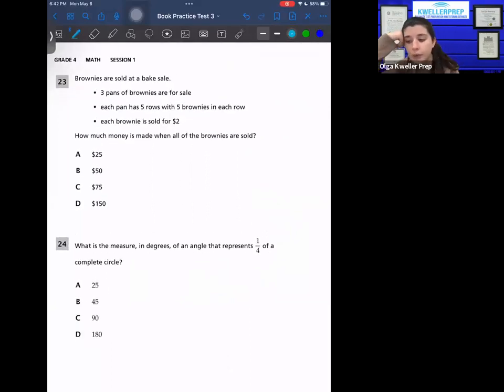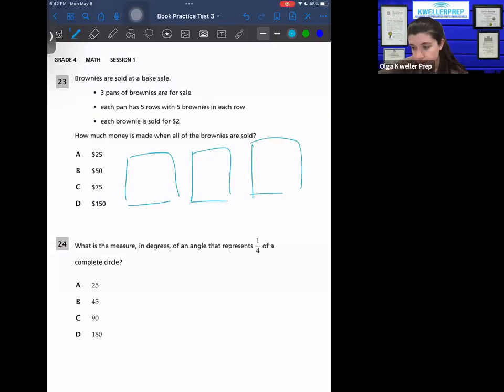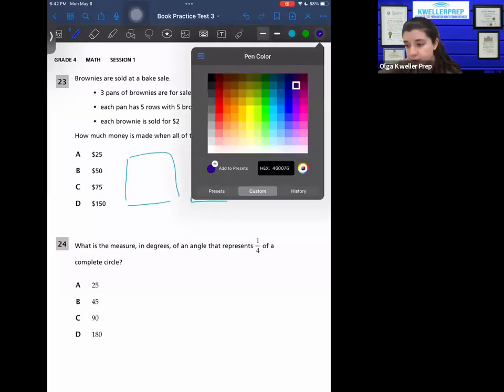Okay, so we have 3 pans of brownies for sale. Each pan has 5 rows with 5 brownies in each row. Okay, so we have 3 pans, right? 1, 2, 3. And in each pan, we have 5 rows of 5 brownies.